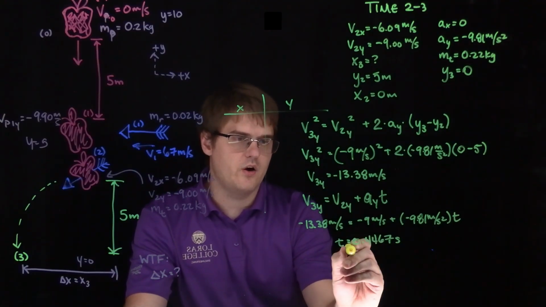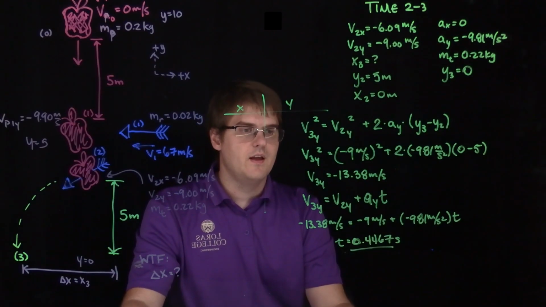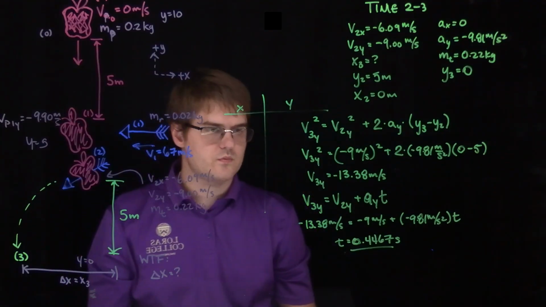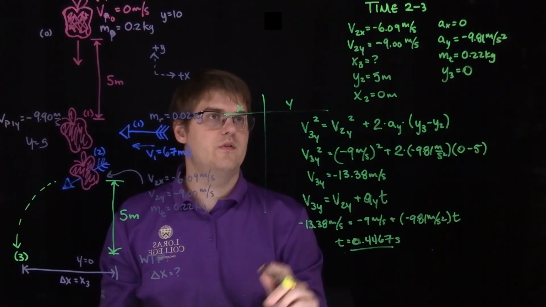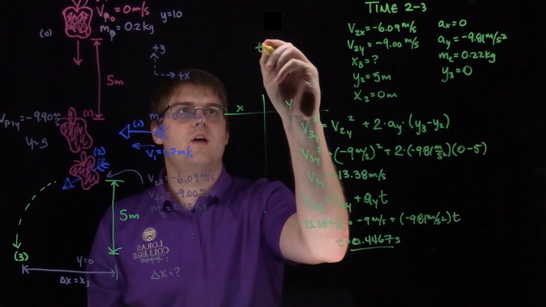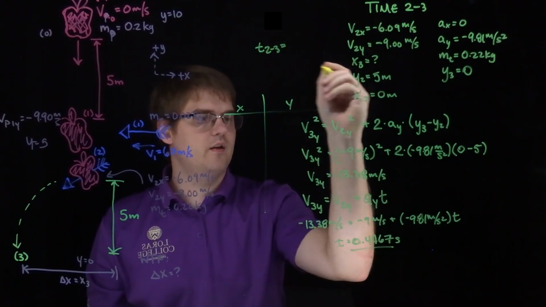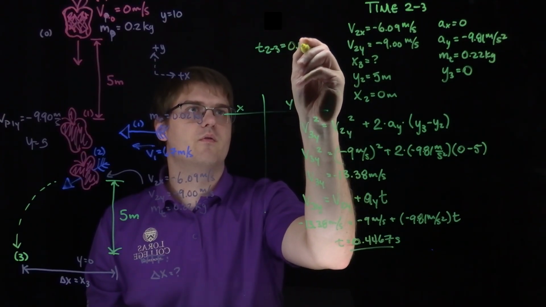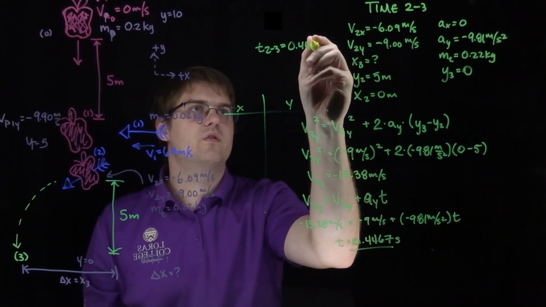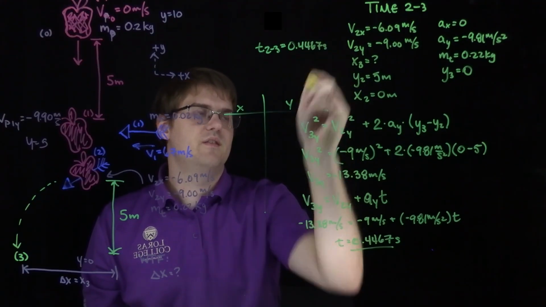So this is our time, and with this time, we can now say that the time between 2 and 3 is 0.4467 seconds.